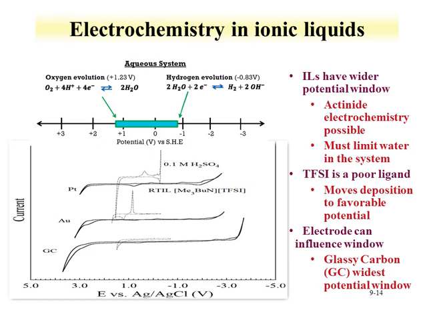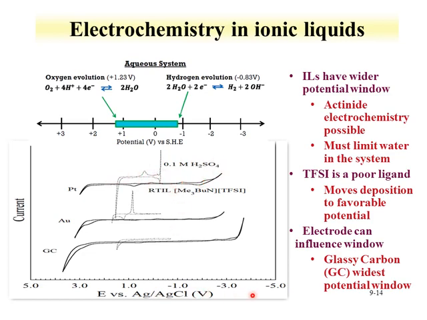And here's an example of the electrochemical window for the platinum, gold, and glassy carbon electrodes with the RTIL that we're investigating. And as we see, compared to an aqueous system of 0.1 molar sulfuric acid, the electrochemical window is much larger.